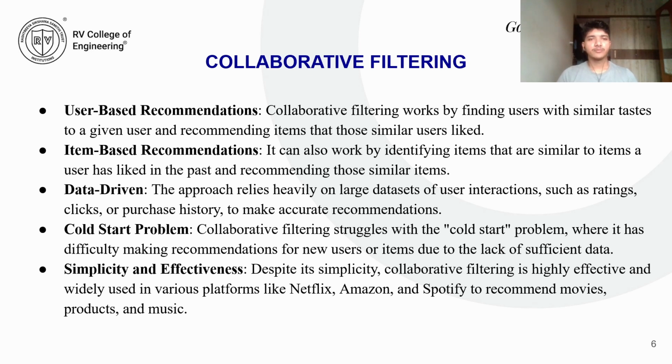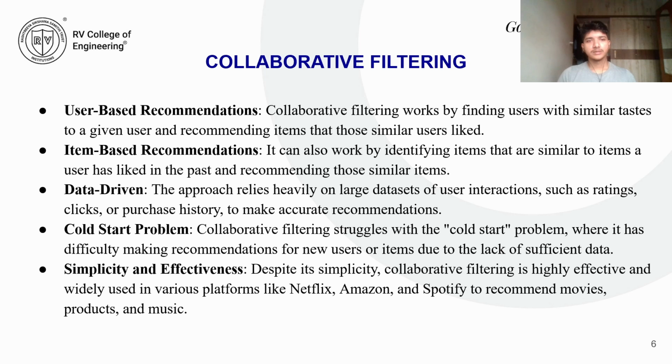So some of the key points of collaborative filtering are user-based recommendations. So collaborative filtering works by finding users with similar taste to a given user and recommending items that those similar users liked. Item-based recommendation, it can also work by identifying items that are similar to items a user has liked in the past and recommending those similar items to the user.